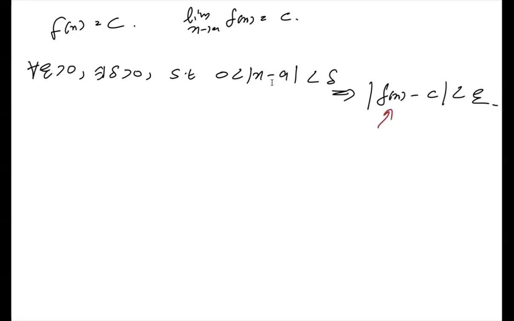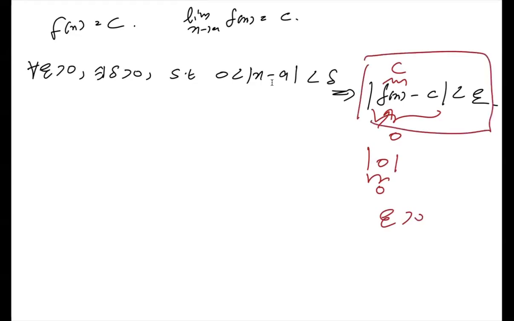We know the function is a constant, so f(x) simply becomes c, and f(x) minus c simply becomes 0. So the absolute value is 0 for any x value. For any given positive epsilon, 0 is less than that positive number. So this part automatically holds irrespective of delta.